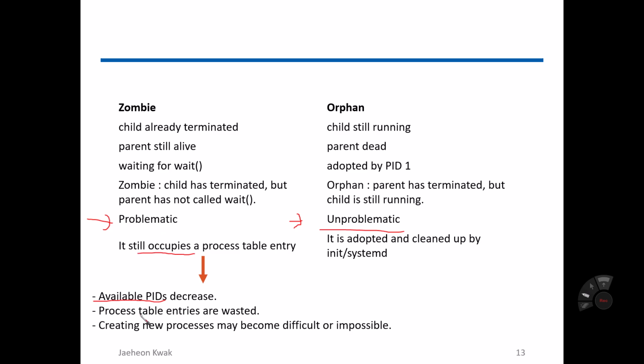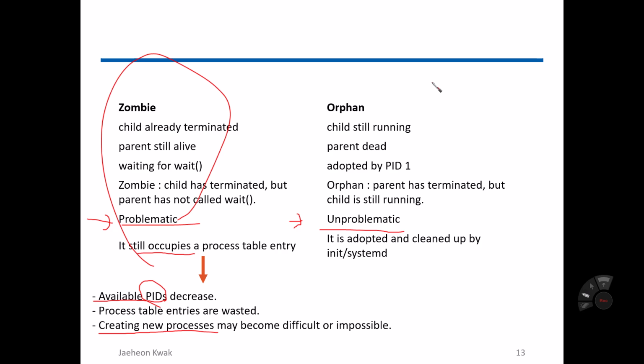If we have too many zombie processes, then creating new processes can be very difficult or impossible, because there is a limited number of PIDs, and if the zombie processes occupy the PIDs, then we cannot generate new processes. So the zombie process is problematic, and the orphan is unproblematic.